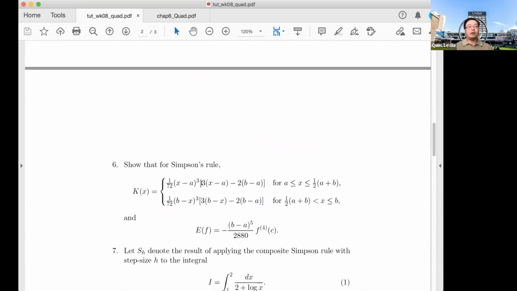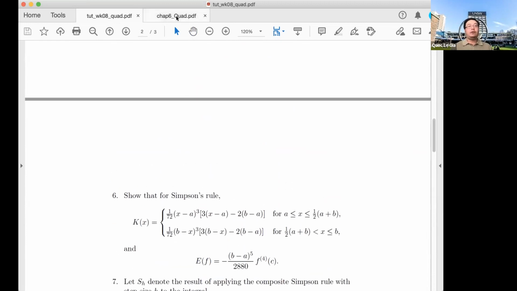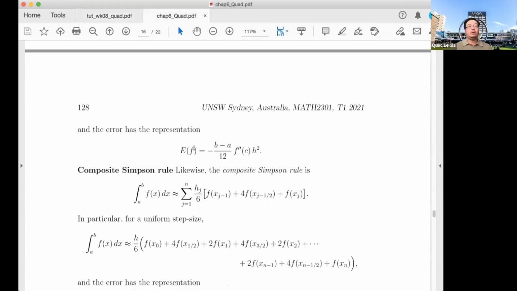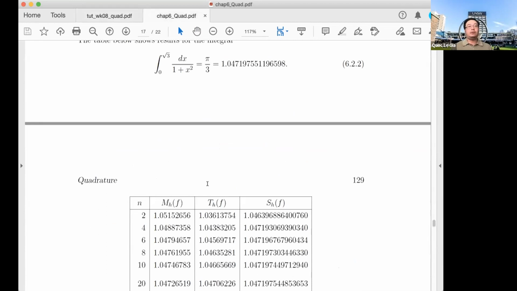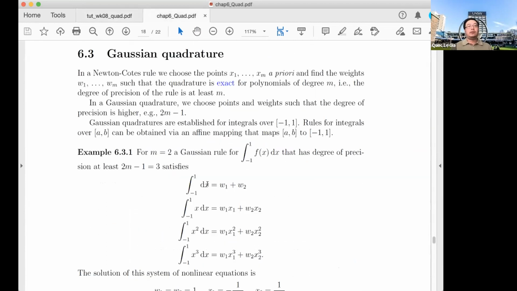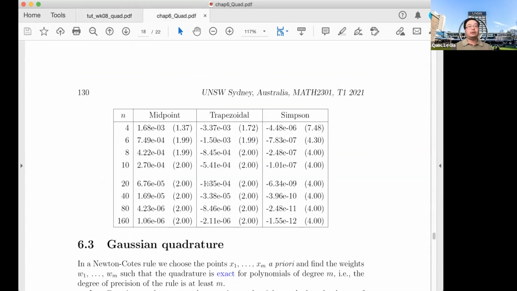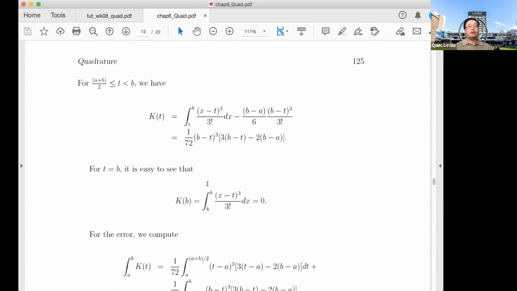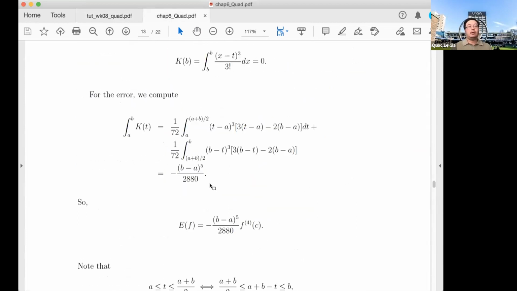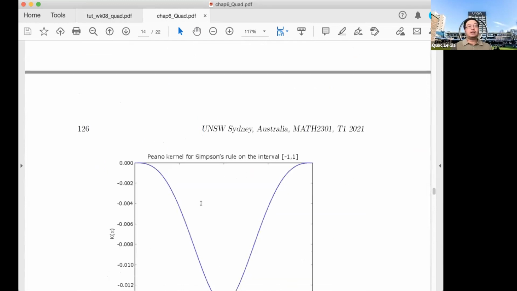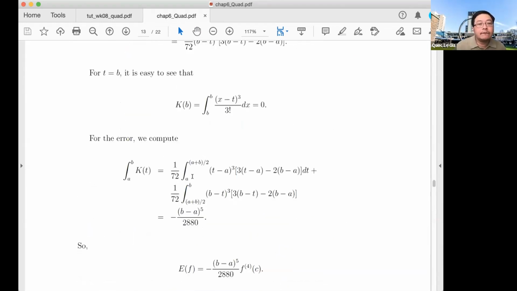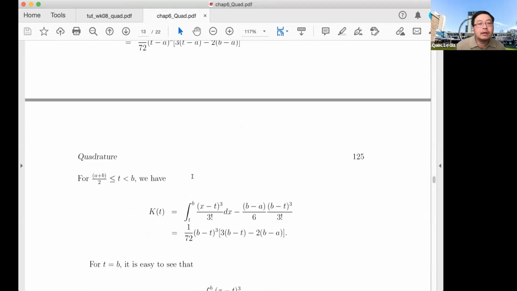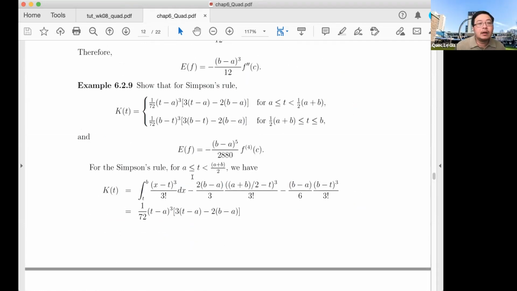I can show you. So if you go to the lecture notes, up to Simpson rules. So this is the calculation for Simpson rules, the Peano kernel.